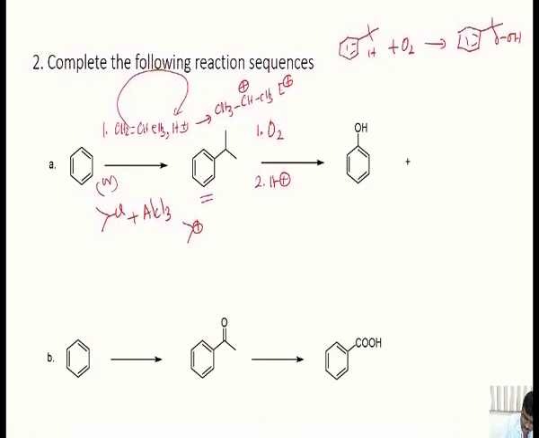Once you form the cumyl hydroperoxide, when you treat with acid, it can protonate this OH group to give this intermediate.